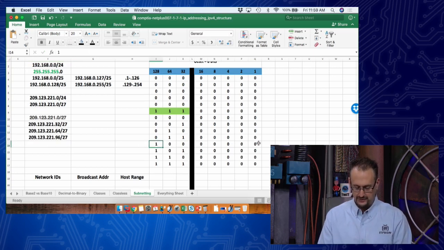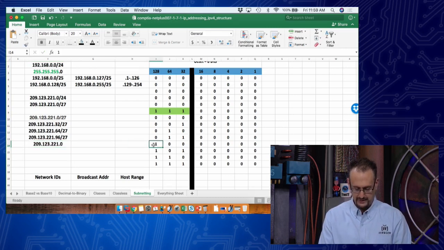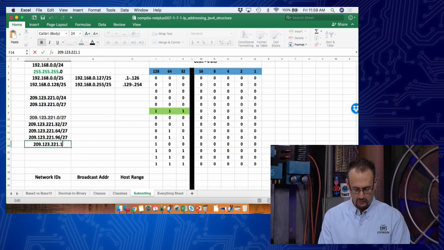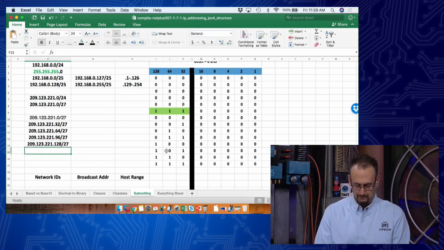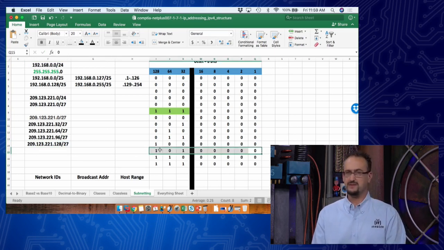All right, moving down to the next network. We're going to do 209.123.221.128. Notice that there's only a single 1 in the very first bit position, making that 128 for that network's network ID. Now again, following down, notice that there's a pattern here. Nothing's really changing.